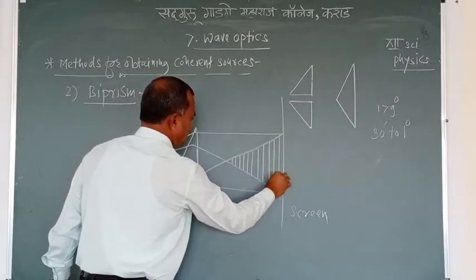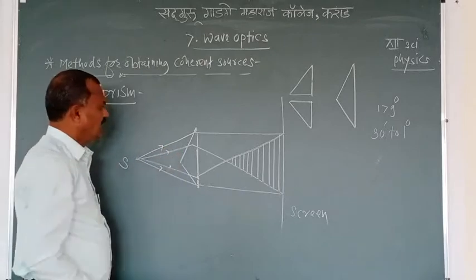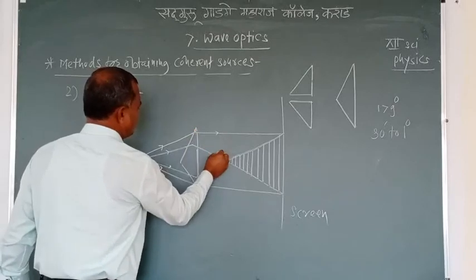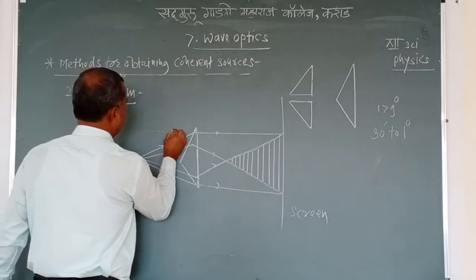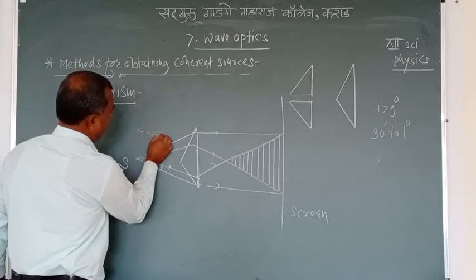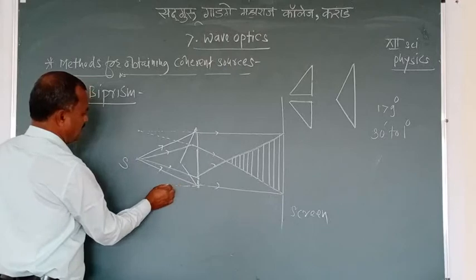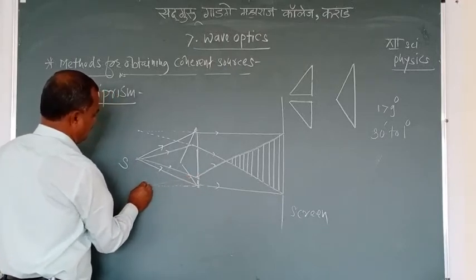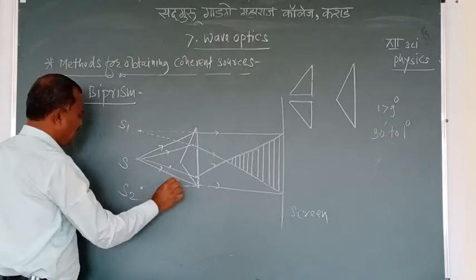This is the region of interference. If we extend these rays in the backward direction, like this ray, represented by the dotted line, and this ray, also represented by the dotted line, then we obtain two other sources, S1 and S2.